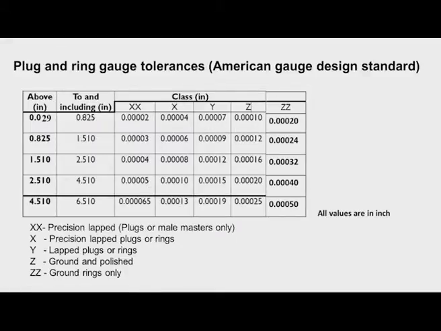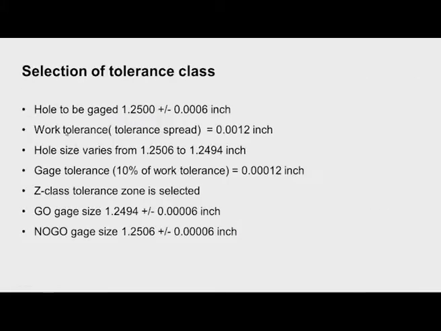Now we will take a simple example to show how the tolerance class can be selected. Let us assume that we have a hole to be gauged with basic size 1.25 inch plus or minus 0.0006 inch. This is the tolerance provided on the hole.